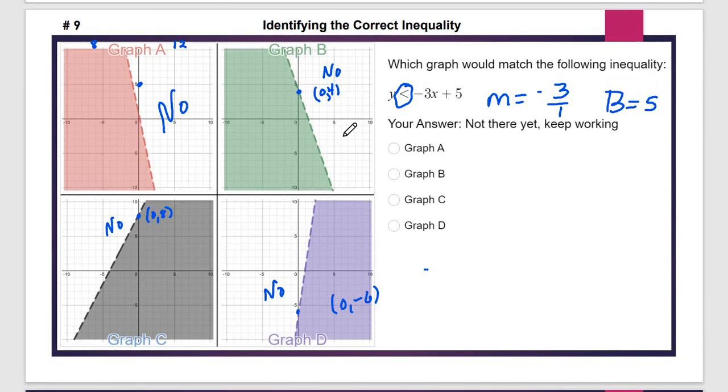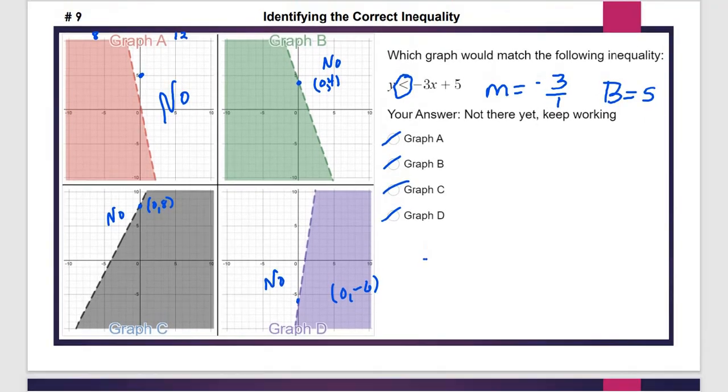And this one, as we're looking at it, it has to be a negative slope. This is a negative slope and this is a negative slope. These are positive slopes, these are positive slopes. So these two would automatically be out, C and D. And we're looking for a negative. It has to cross at a +5. And I see this crosses at a +4. So none of these would be it. So that was this one.